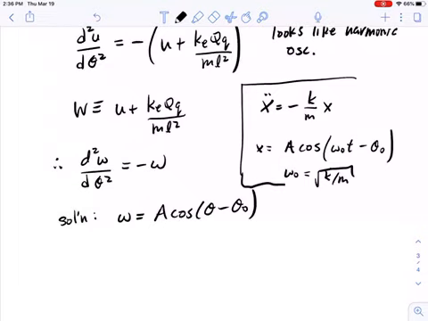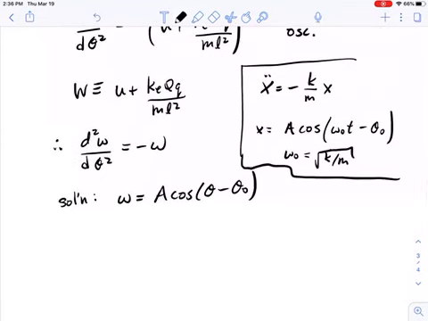The only difference is that the coefficient in front of our w is a 1 instead of a k over m, and so instead of root k over m multiplying t, we get a root 1 multiplying theta, which is just theta. All right.